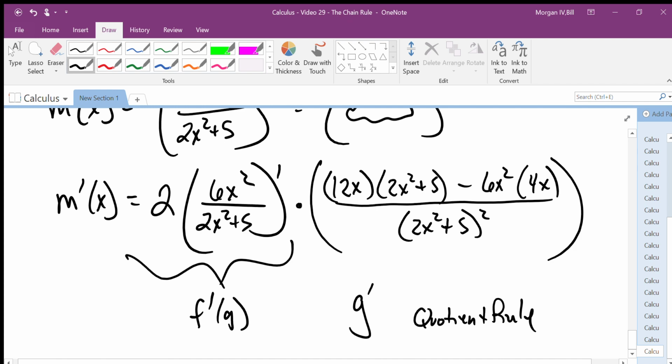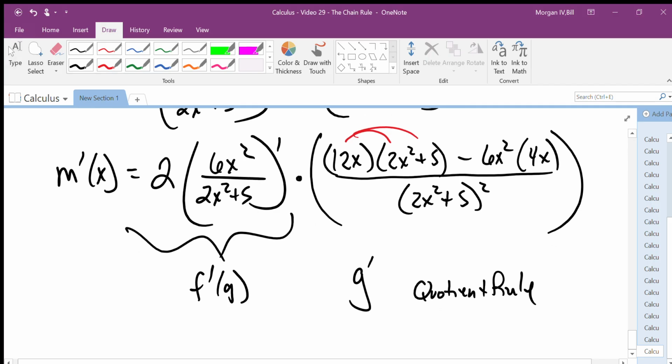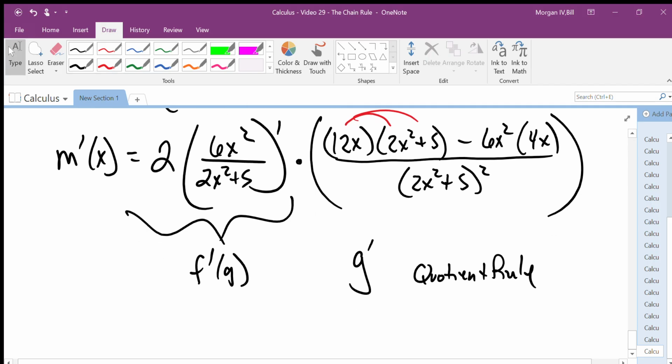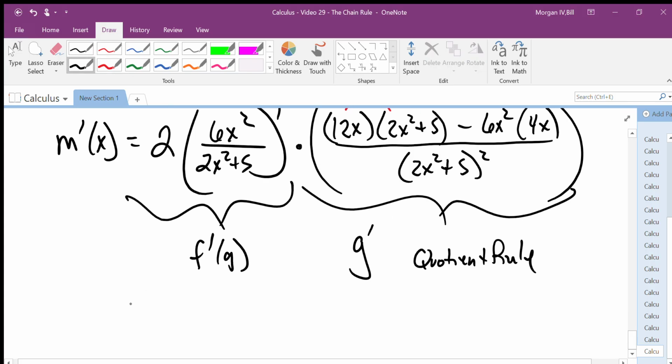All right, let's see if we can simplify it all. On the g prime part, that quotient rule, I'm going to distribute the 12x, and I'm going to multiply the 6x squared and 4x together. All right, so this whole part here, that is g prime. So we have, just write the first part out again, 2, 6x squared over 2x squared plus 5, all raised to the power of 1.